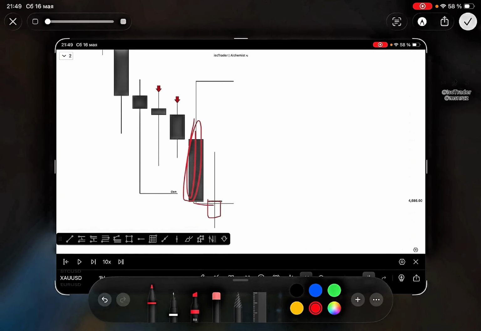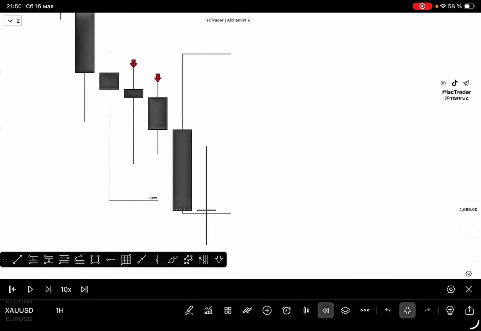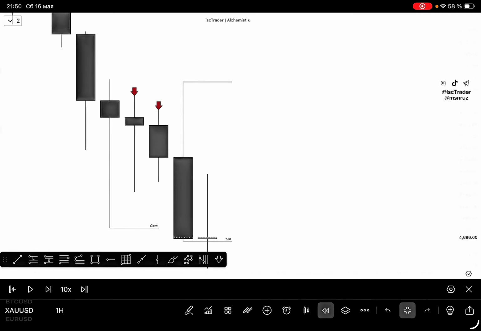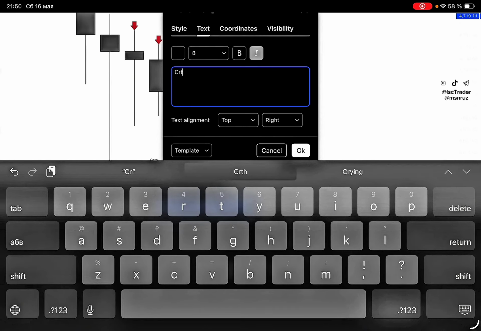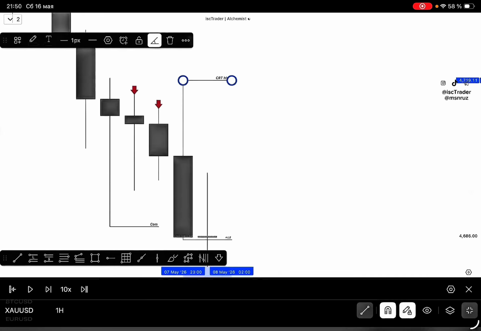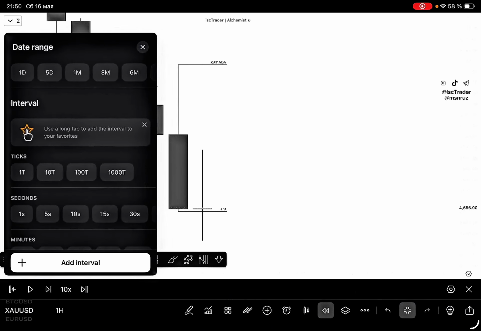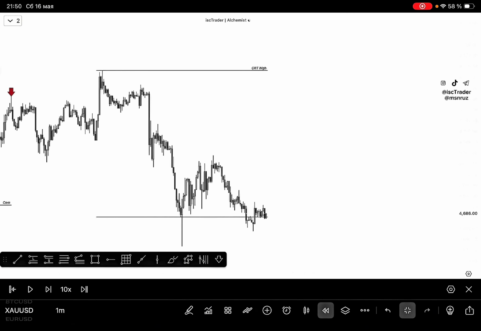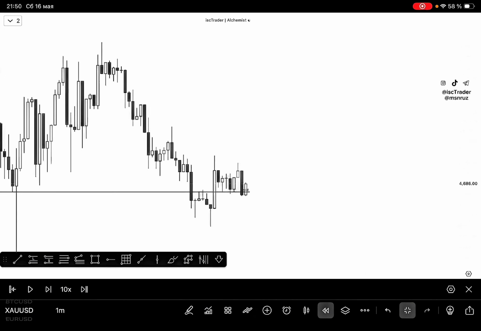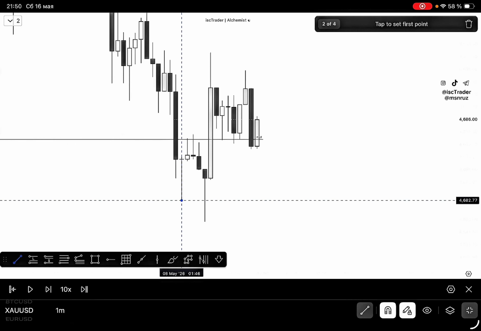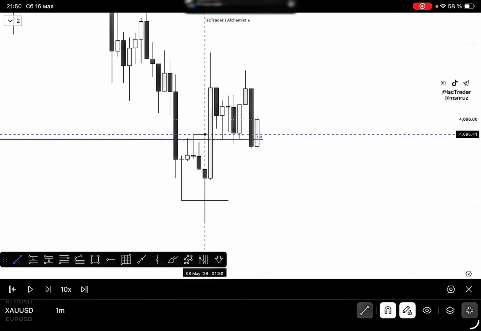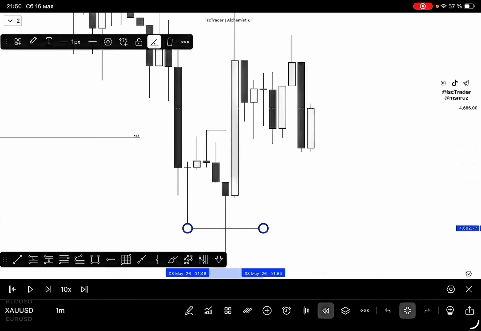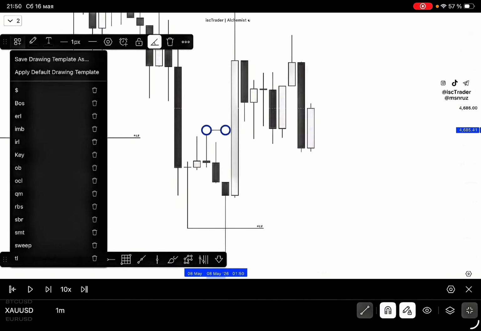We won't enter the trade at all if such a situation occurs. Sweep. CRT high. And we need to get confirmation on the M1 time frame. Liquidity sweep. Breakout.